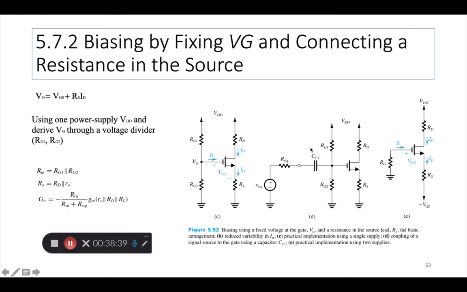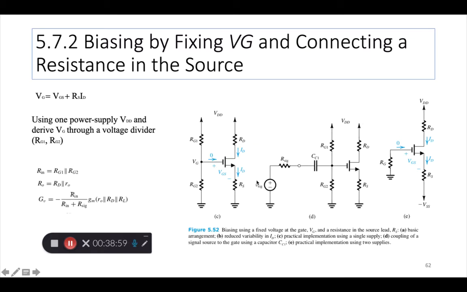Only when this capacitor behaves as almost a short circuit, zero resistance, at signal frequencies, then we do the analysis by neglecting the bias voltages and focusing only on the signal voltages.